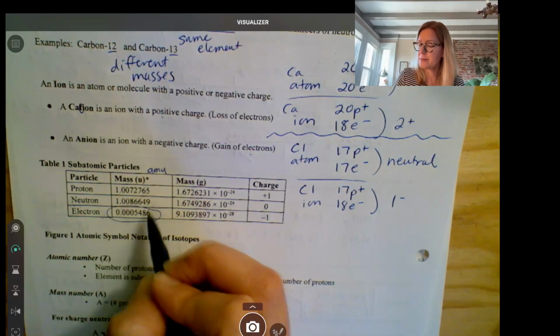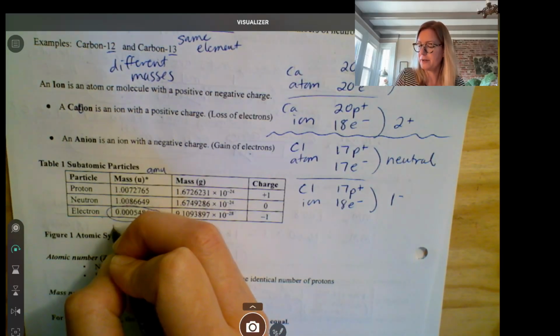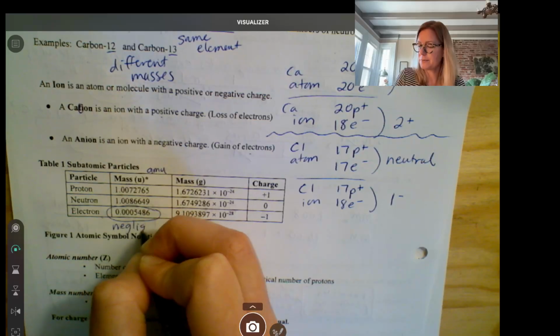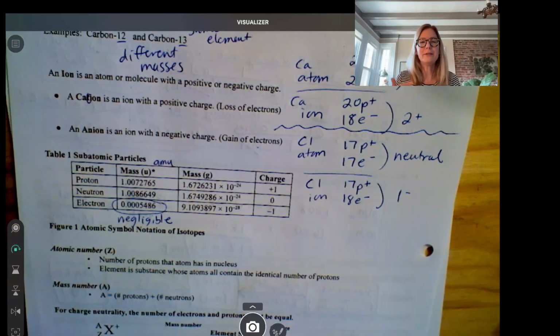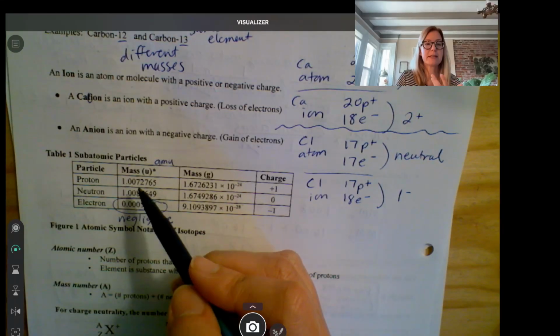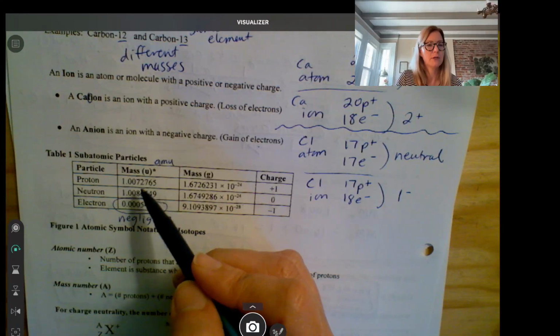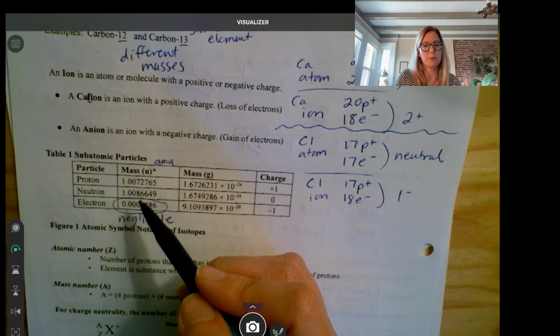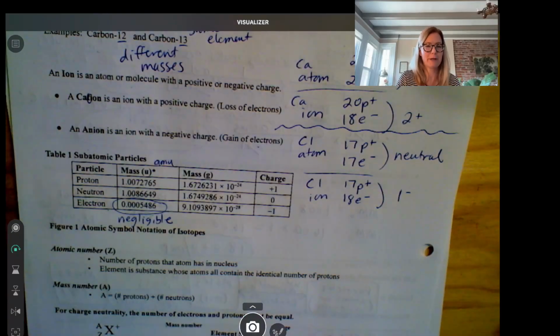So the electron's mass is what we can call negligible. We don't include electrons in the mass number for atoms because the mass of an electron is so small compared to a proton or neutron. These are dominant. The electron, we don't worry about it, okay, in terms of the mass.